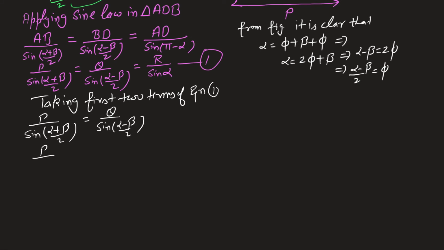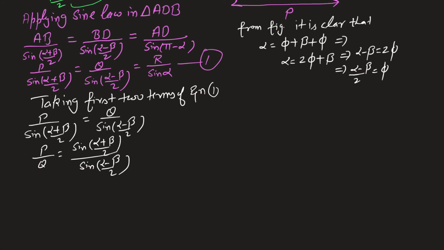This will be P by Q is equal to sine alpha plus beta by 2 over sine alpha minus beta by 2. You have taken this over there and the Q goes into the denominator.